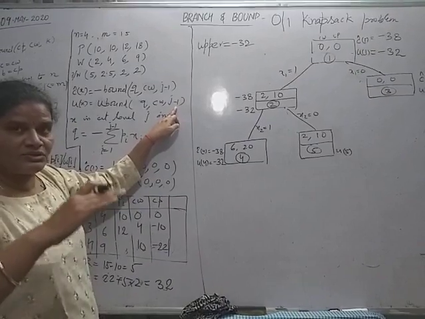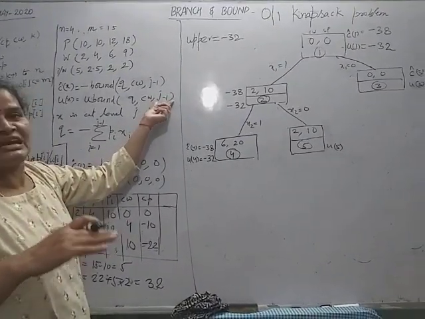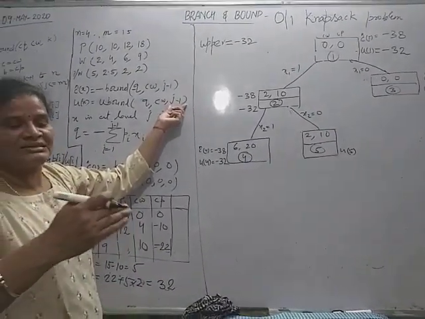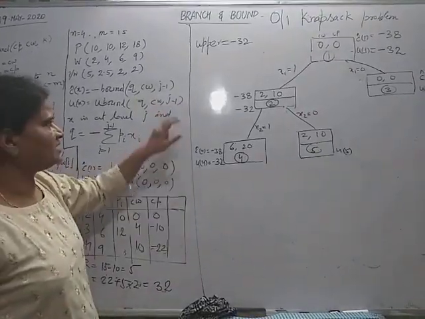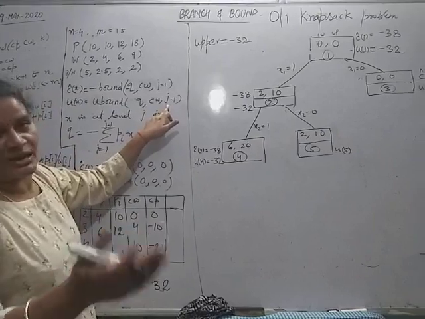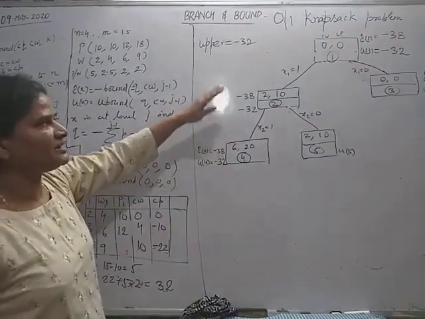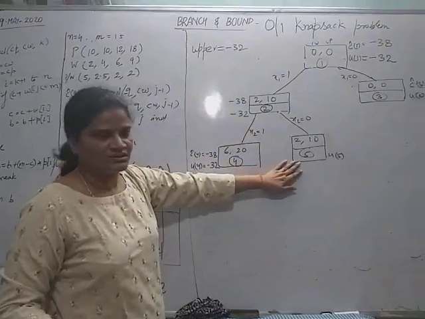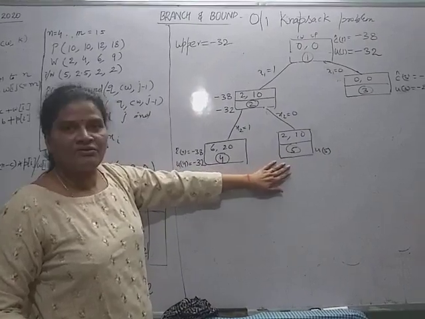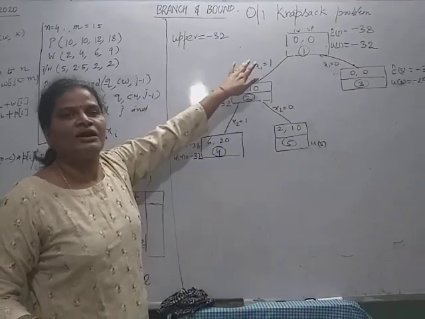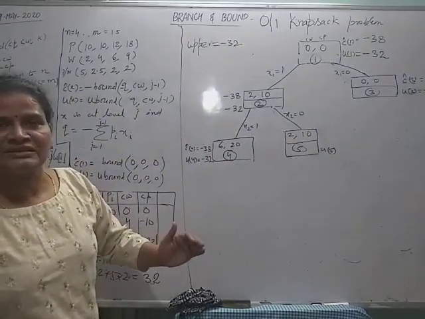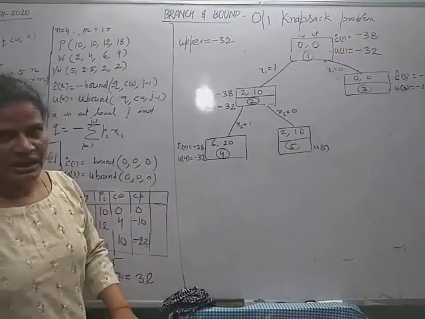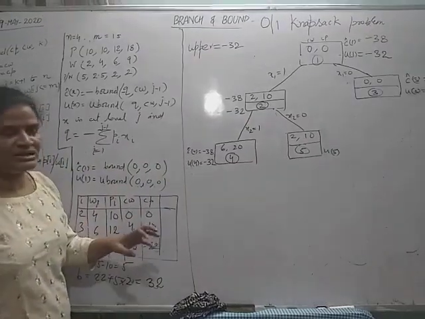If the live node is at the jth level, then j minus 1, because now I will take the decision for j to n objects. Sorry, j to n, not j plus 1. Already I have taken the decision. This is the third level. It means I have already taken the decision for 1 to j minus 1 objects, and now I have to take the decision for j to n. Okay, that is the cost to be computed.